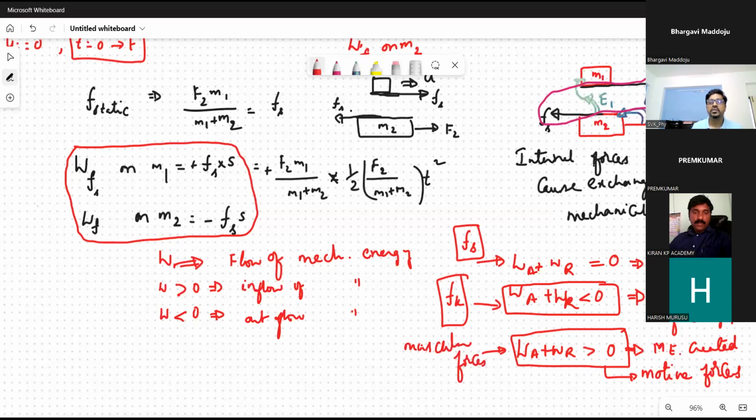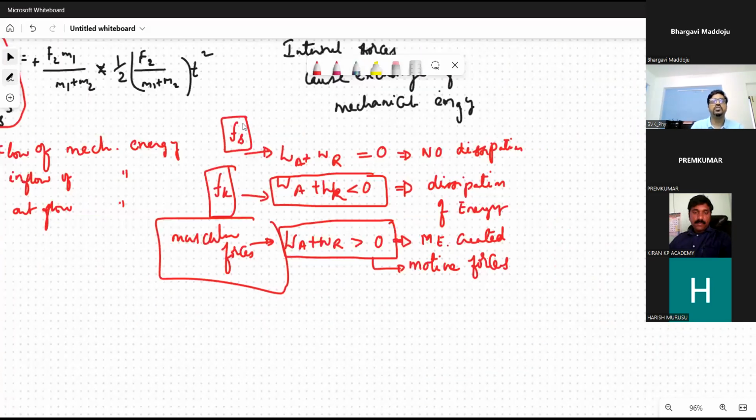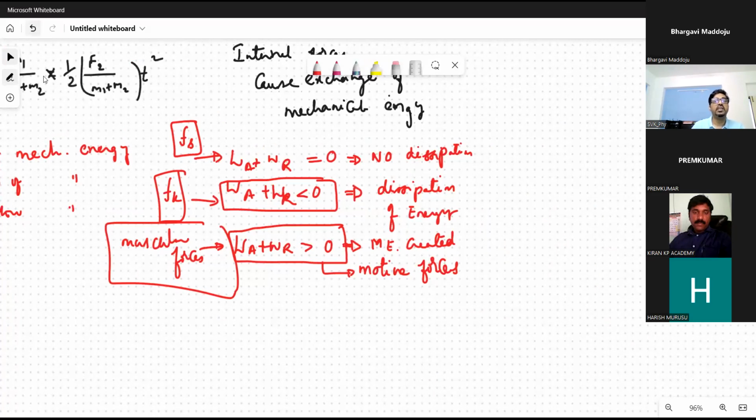Either way, dissipative forces cause loss of mechanical energy, whereas motive forces cause gain of mechanical energy.